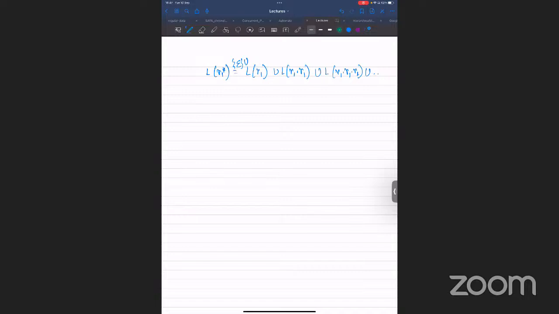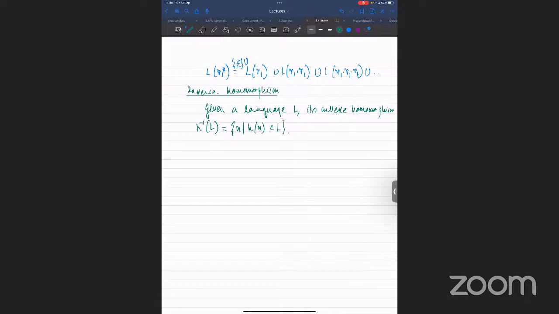Now we are going to define inverse homomorphism. Given a language L, its inverse homomorphism H inverse of L is the set of X such that Hx belongs to L, right?